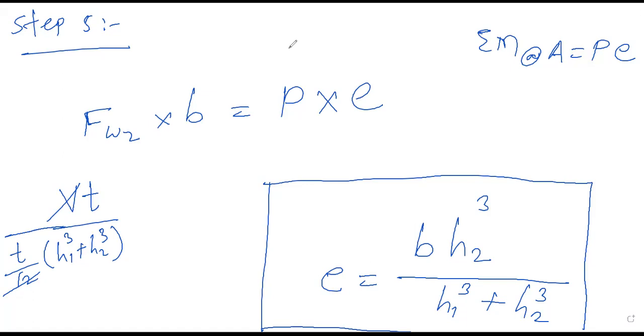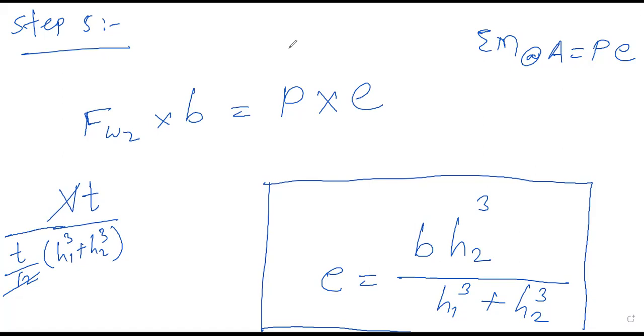Then assuming one reference point where we will take the moment, you have to take the moment at such a point where you can cancel the maximum forces. So we have taken the reference point A where the three forces have moment 0. So remaining is only FW2. So now for FW2, we will start taking the moment.